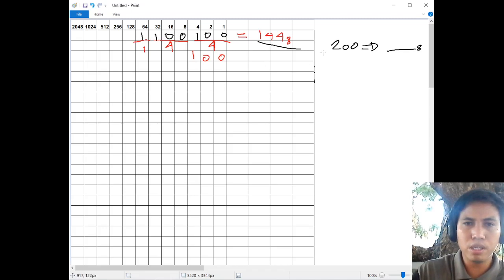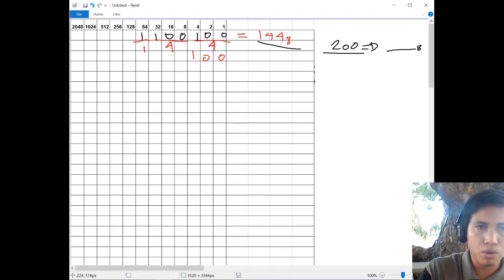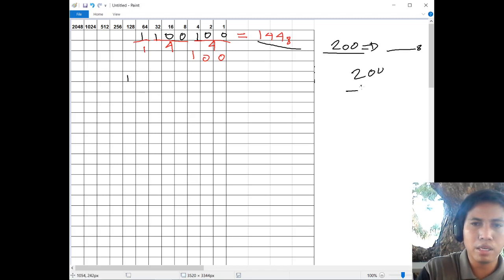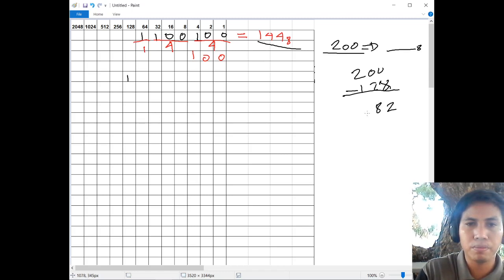As I told you, the first thing that you should do is to convert 200 decimal into binary. So we have 128, because 256 is beyond 200. Then 200 minus 128 is equal to 72.